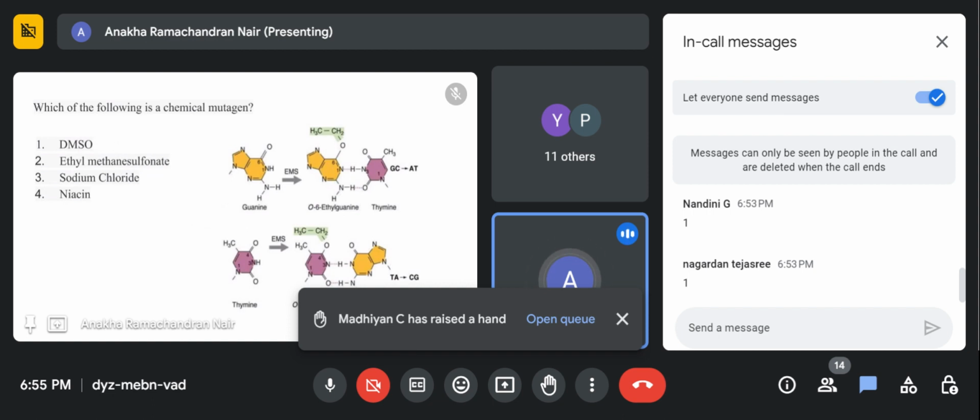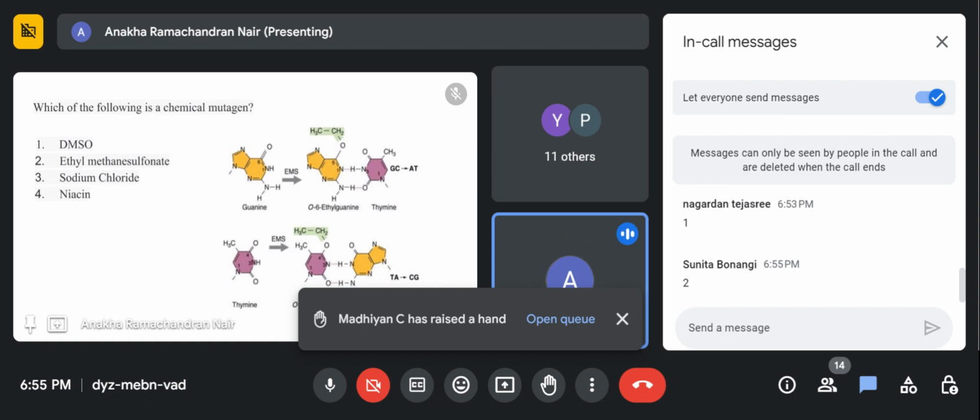Which one of the following is a chemical mutagen? DMSO, ethyl methane sulfonate, sodium chloride, and niacin. So what do you think the correct answer is? Option 2. Yes, the answer is in fact option 2.